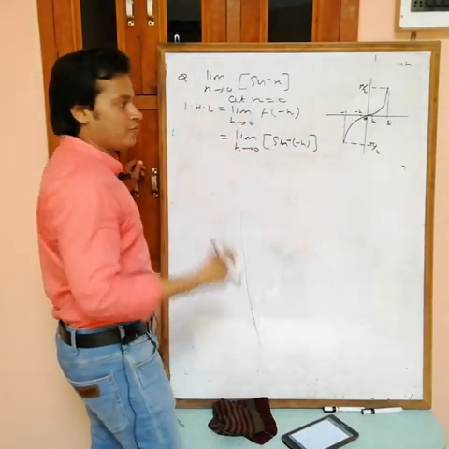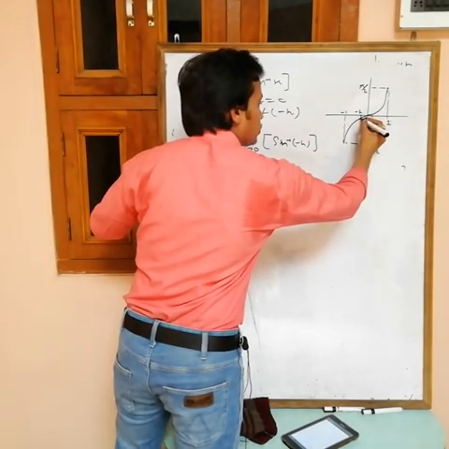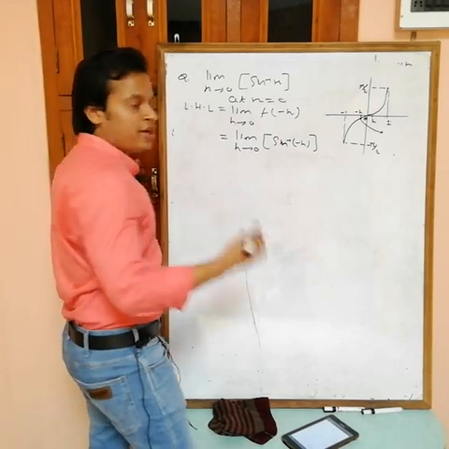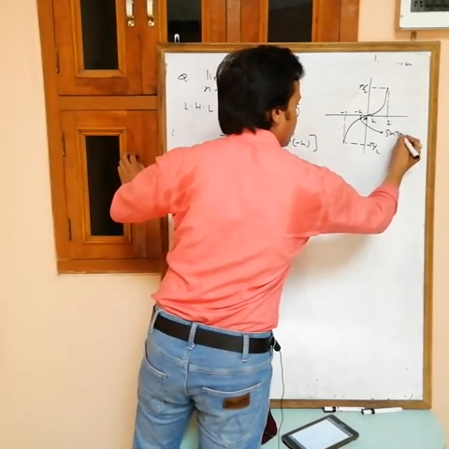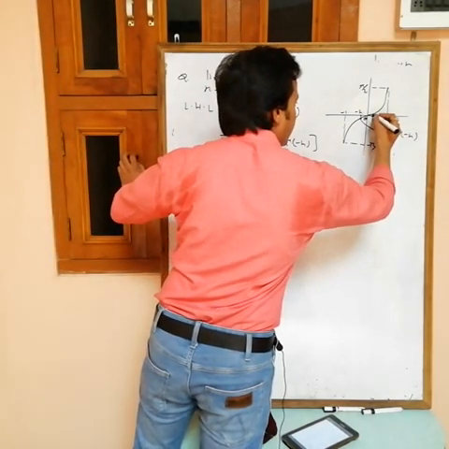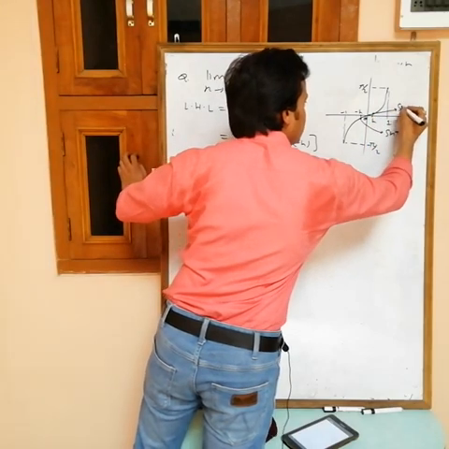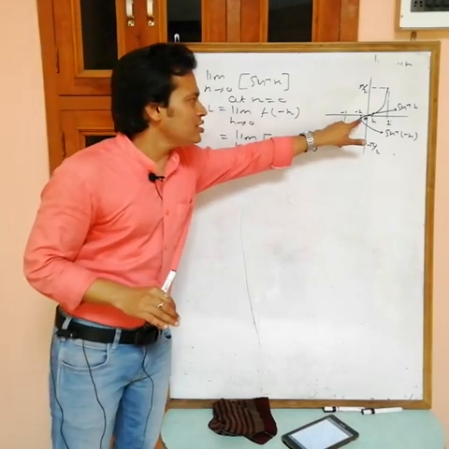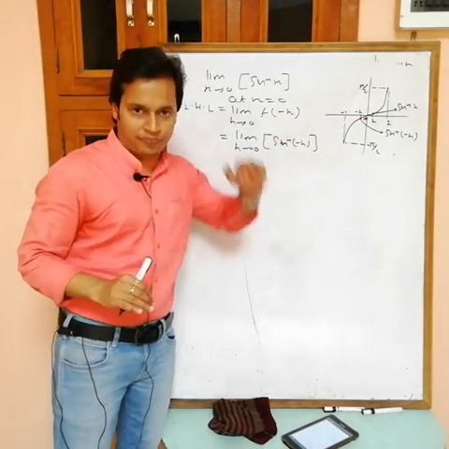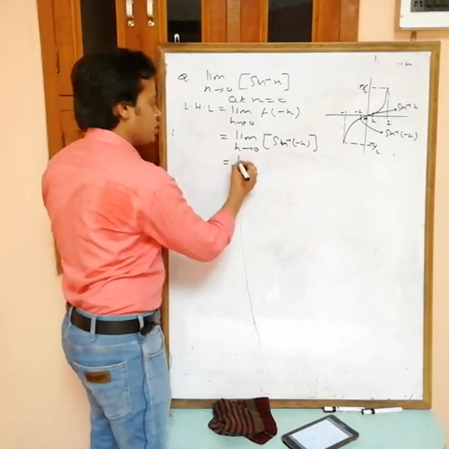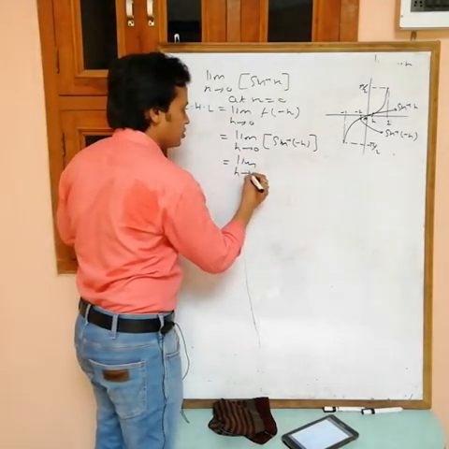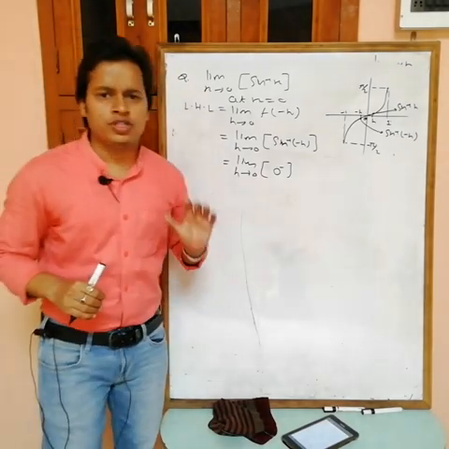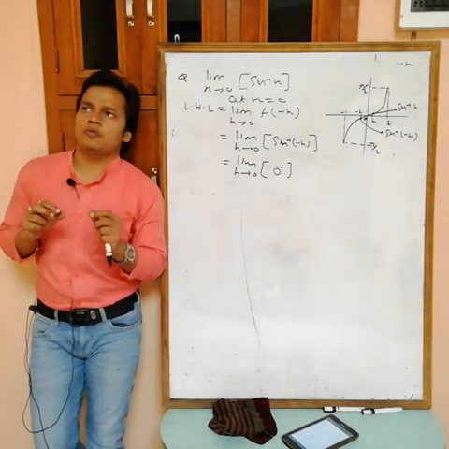Now this value is the value of sine inverse at minus h, and this value is sine inverse at plus h. Now can I say that sine inverse minus h is just less than 0, below 0? So as h tends to 0, this is just less than 0, it means 0 minus.